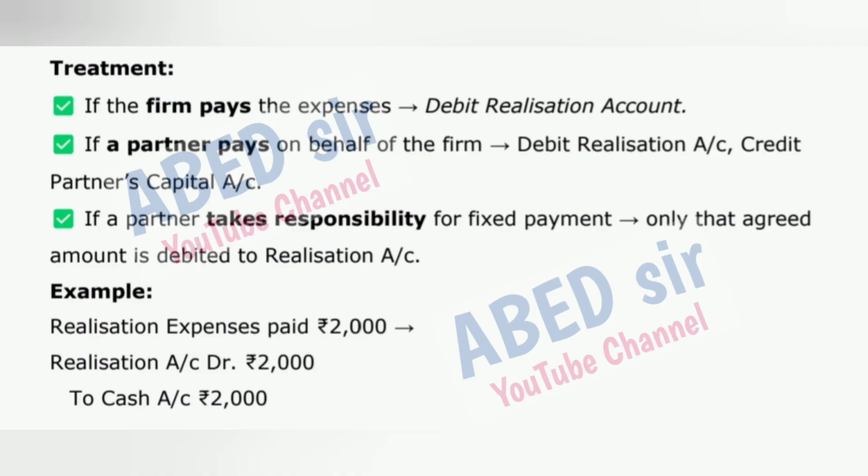If a partner pays on behalf of the firm, debit realization account, credit partner's capital account. If a partner takes responsibility for fixed payment, only that agreed amount is debited to realization account. Example: realization expenses paid 2000 rupees. Realization account debit 2000 rupees. To cash account 2000 rupees.